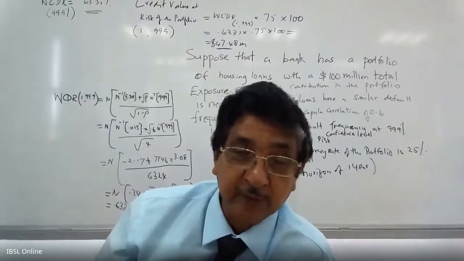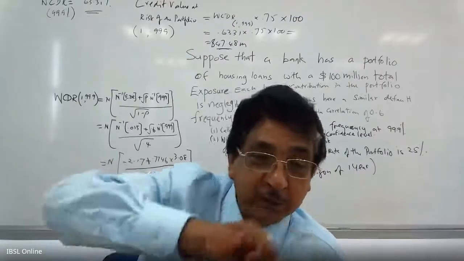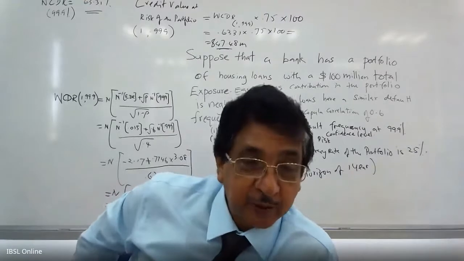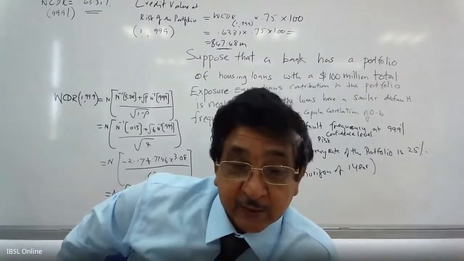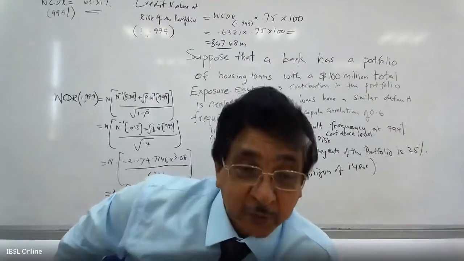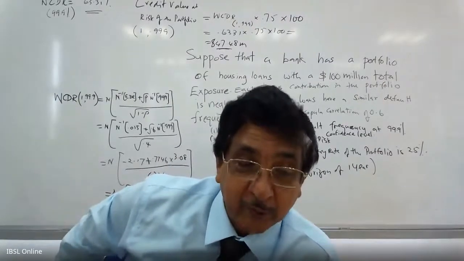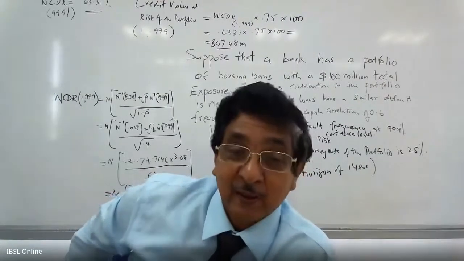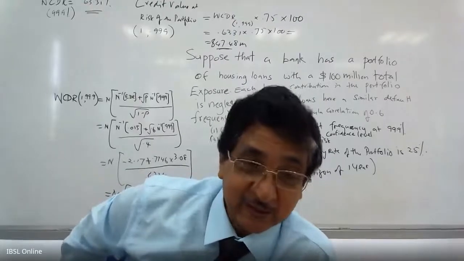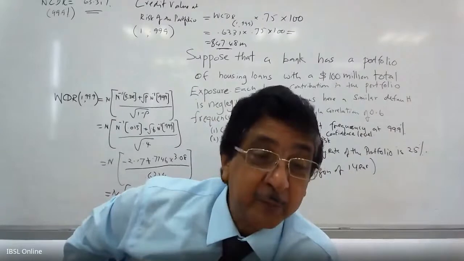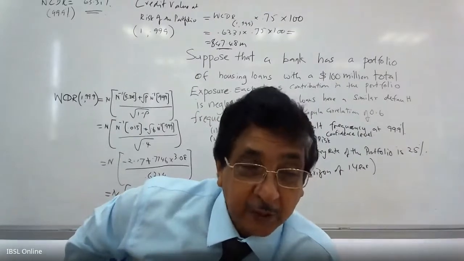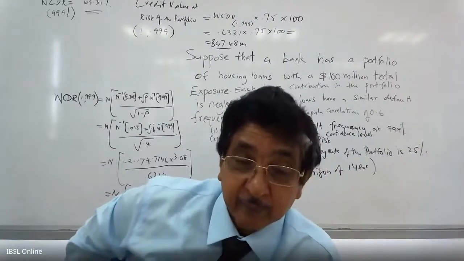Right. Now we can go into the question, where we do the calculations and arrive at a certain figure. It is also a probability of default, but it is not a normal probability of default. It is the worst case default rate. Worst case, in a very severe economic downturn, the portfolio will have a very high probability of default.